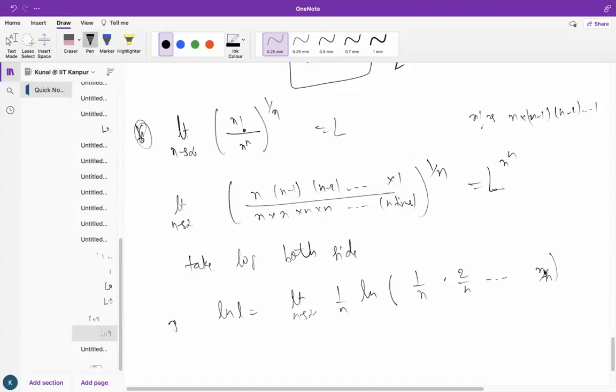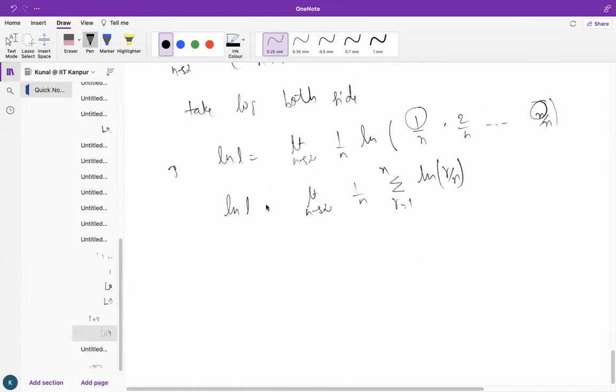Are these things clear? So it will be limit n tending to infinity 1 by n, summation of ln r by n, and r values vary from 1 to n.